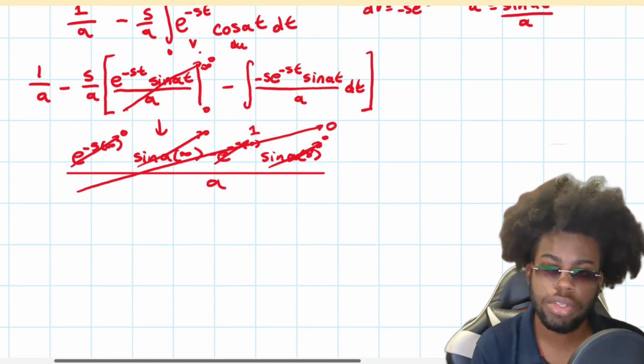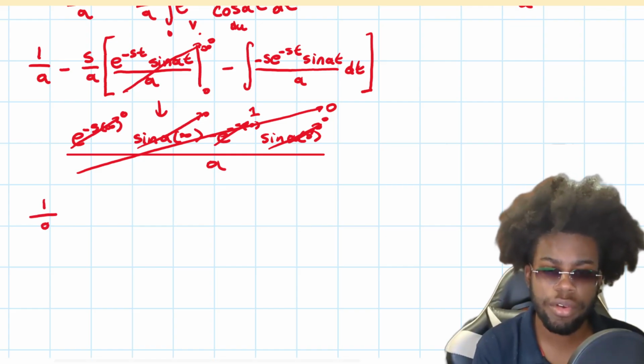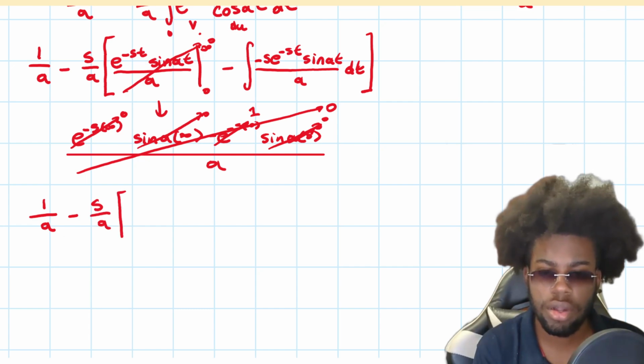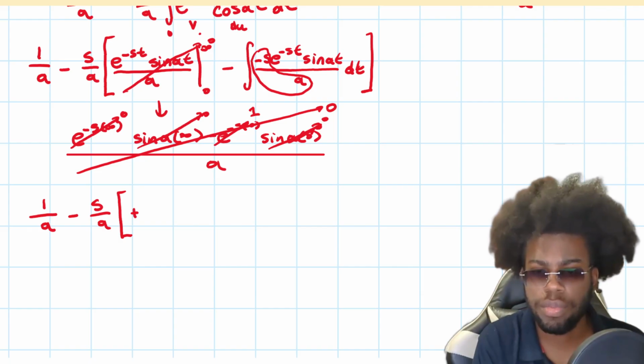All right, so this simplifies stuff for us. We end up with 1 over a minus s over a, all multiplied by negative. And for this integral, let's take out this negative s over a here. So this becomes plus, so we can just get rid of the sign.